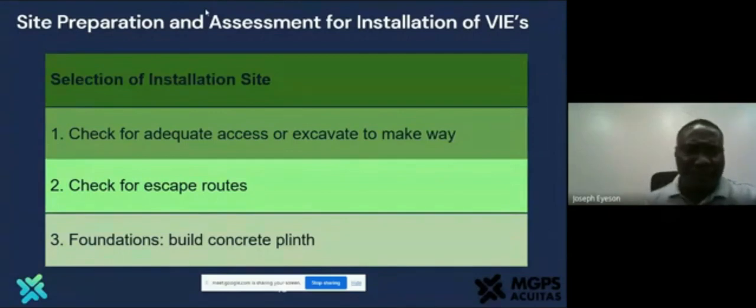You also have to check what you need to put in place in case of any emergencies. And during the installation, because the VIE tanks are normally mounted on concrete planes, you need to ensure that these are purely concrete, not asphalt, because if it's asphalt and there is any leakage on the tanks, there's a possibility of explosion. So selecting the site, excavating the site, and checking for an escape route are very important and critical when it comes to VIE installations.